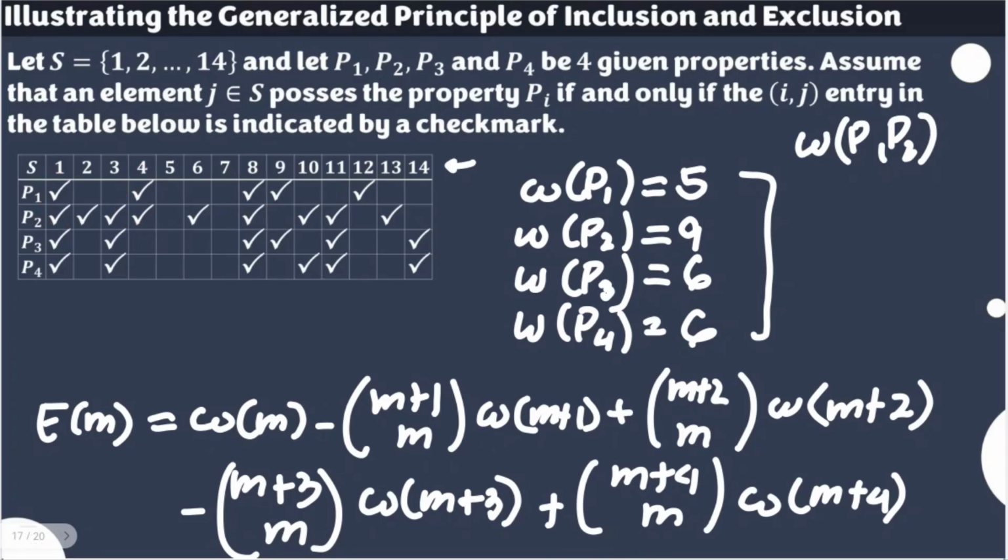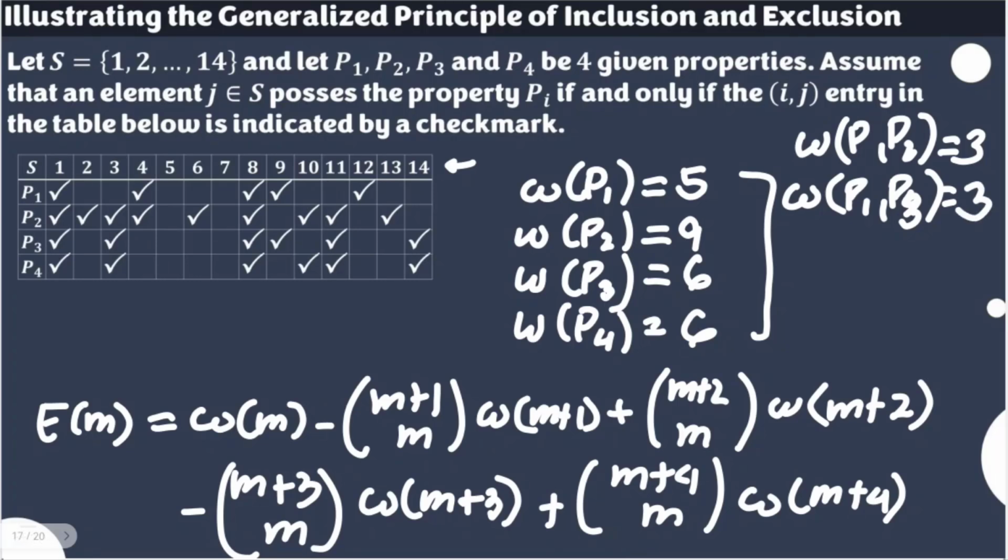Okay, so there is actually 3. Omega of P sub 1 and P sub 3: 1, 2, 3. So there are 3 of them possessing 1 and 3.